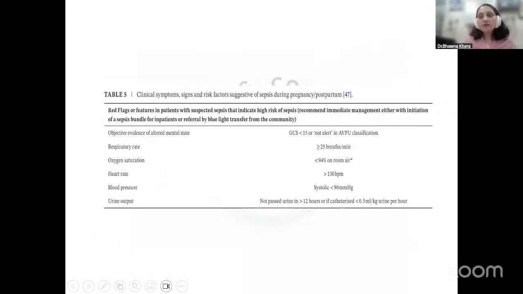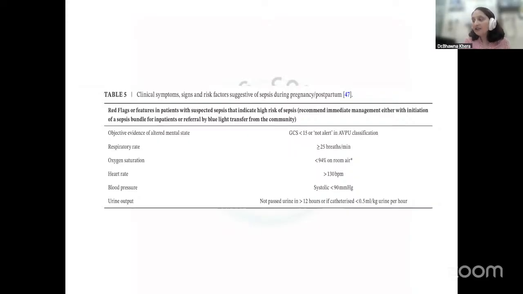Now, coming to the next important thing here, they have now divided this into the red flag features and the amber flag features, right? Previously, there was no such categorization. So we have to see what the difference is. Red flag features with suspected sepsis indicate high risk for sepsis.